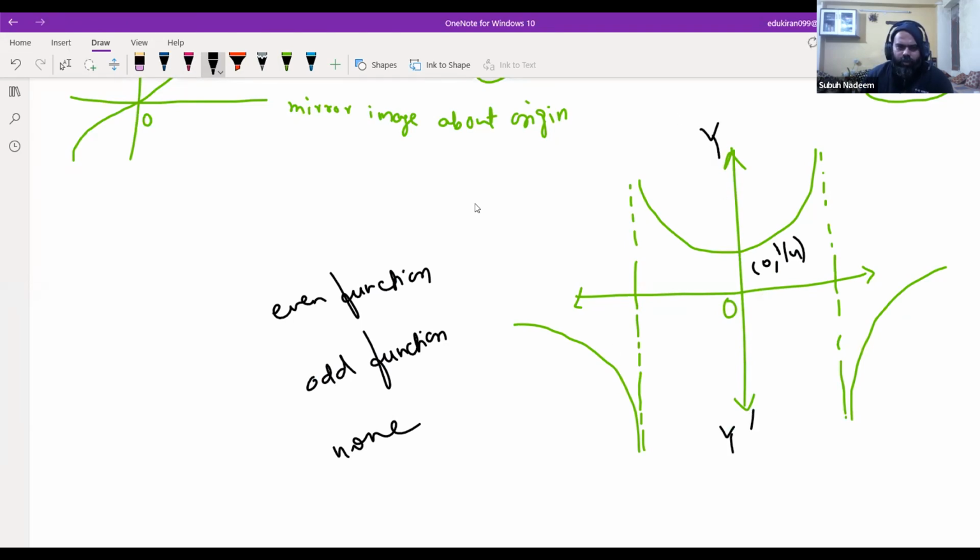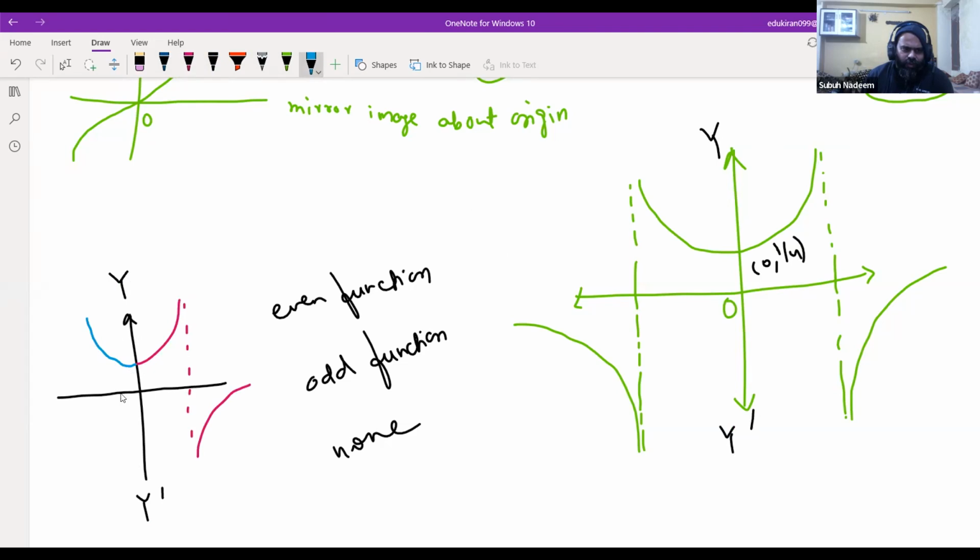Because as you can see, if you draw the graph on the right side of the y-axis, this is the graph. And if you take the mirror image about the y-axis, you will find that this part is exactly the mirror image about the y-axis.